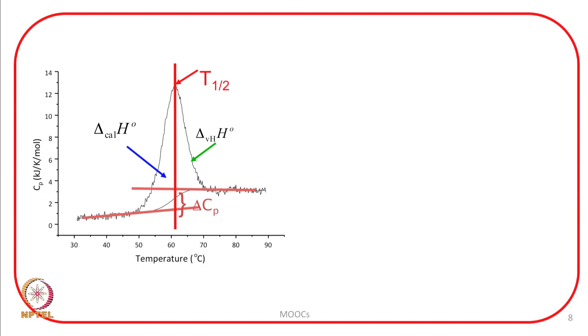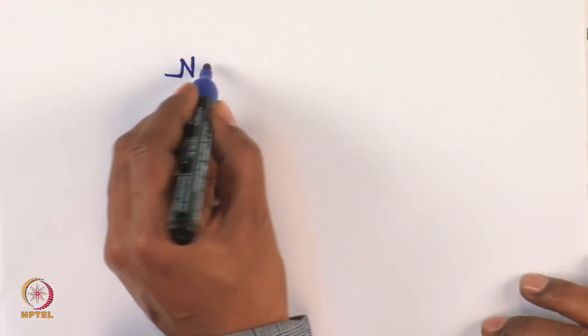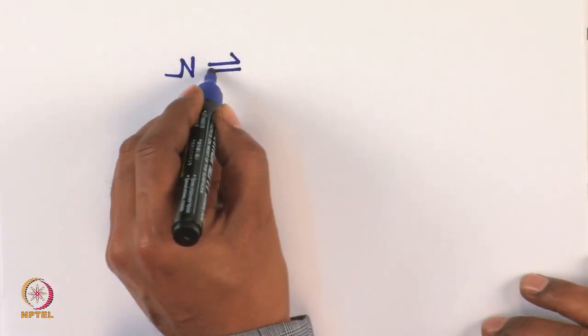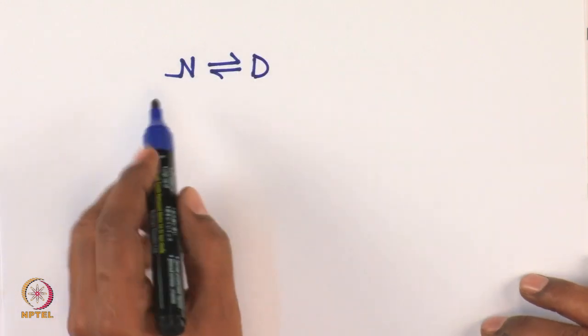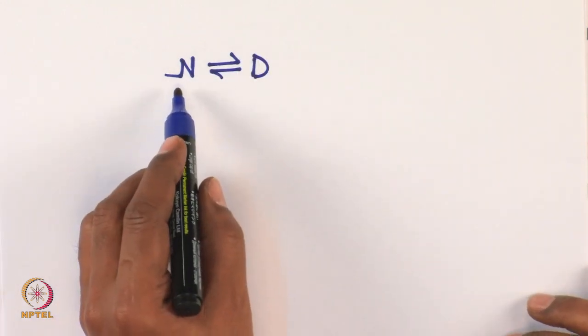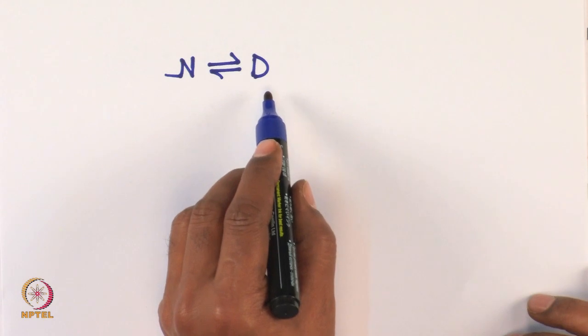Let us consider this equilibrium, N going towards D, where N I am writing for the native state and D I am writing for the denatured state.